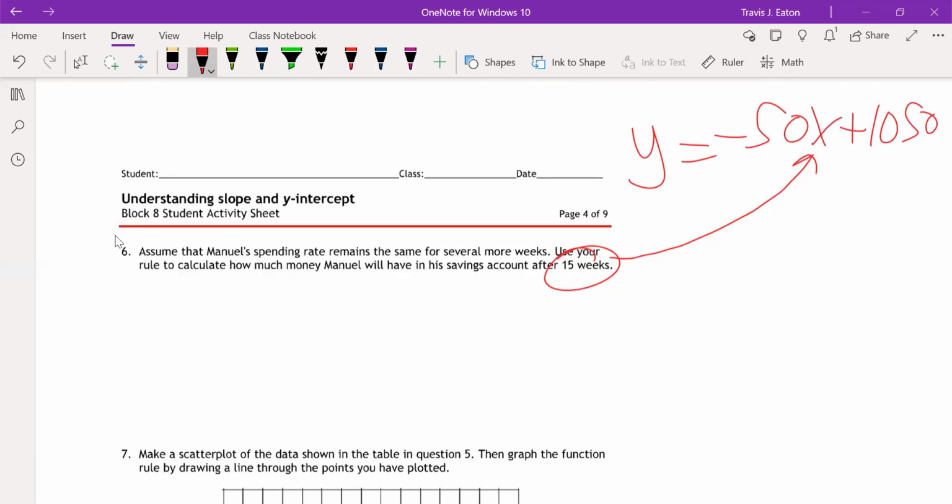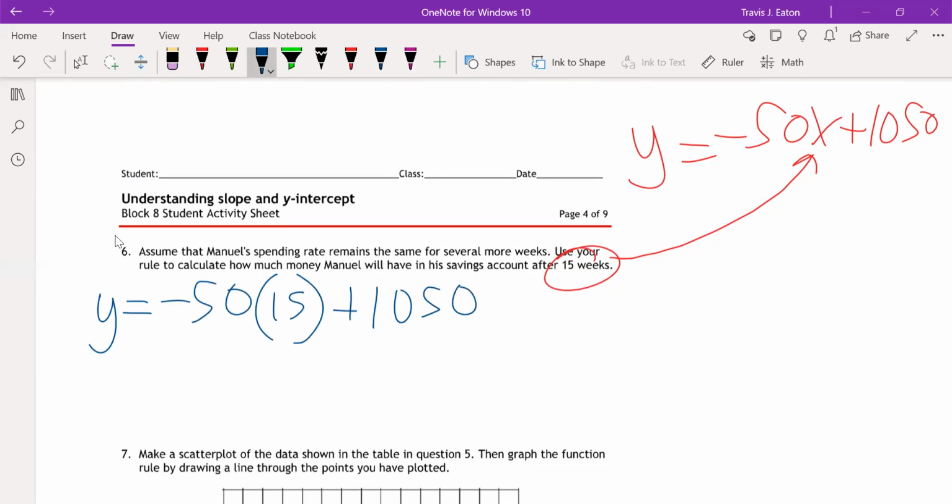So let's do a different color just for fun. y equals negative 50 multiplied by x, which in this case would be 15, plus 1,050. Okay, so negative 50 multiplied by 15 is negative 750 plus 1,050.